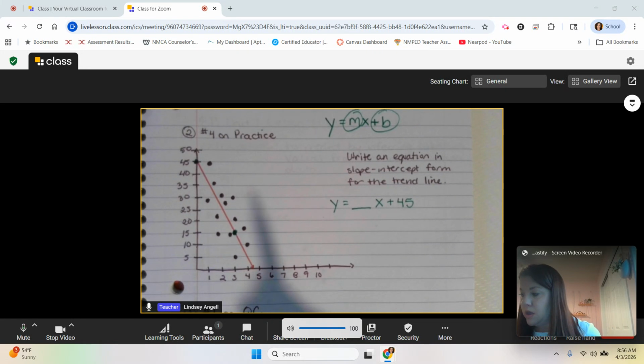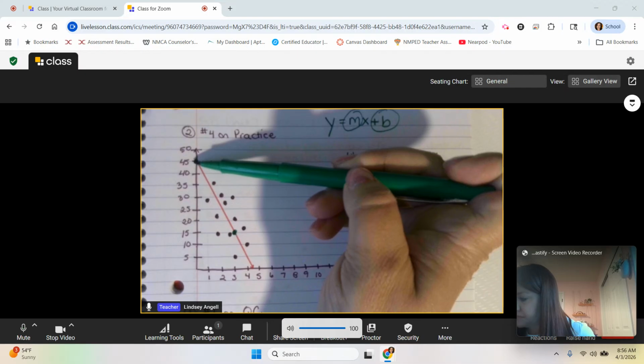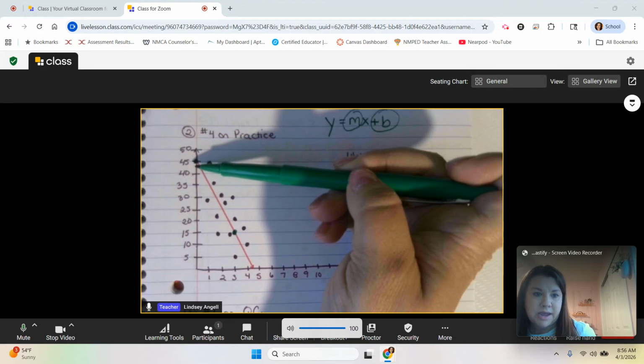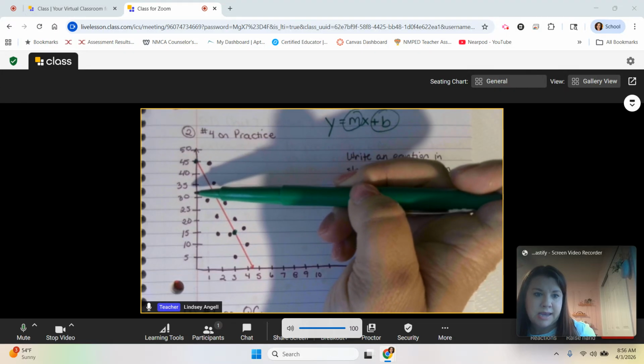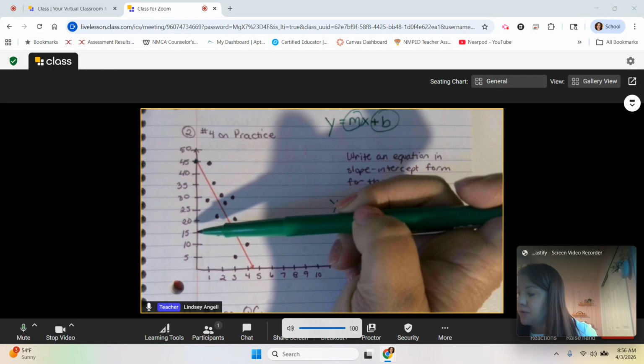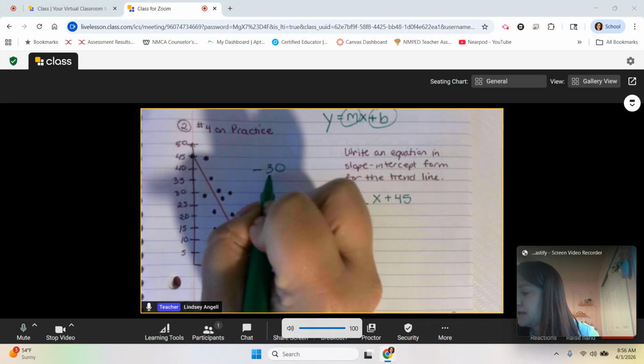What I notice is that we're at 45 and we're going down: 5, 10, 15, 20, 25, 30. I'm going down 30, and since I'm going down, I'm going to put that negative in front of it.